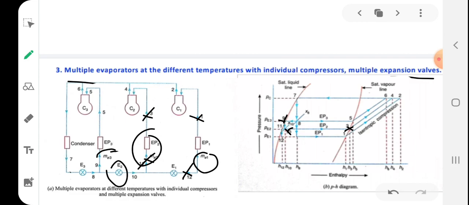Have you understood? While passing through E2, there are some vapors formed during the expansion of me1.